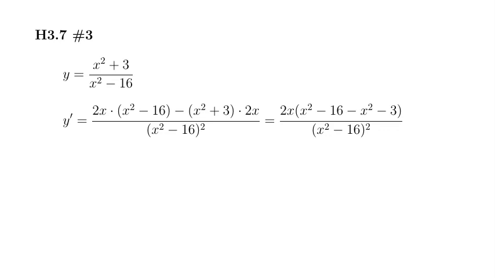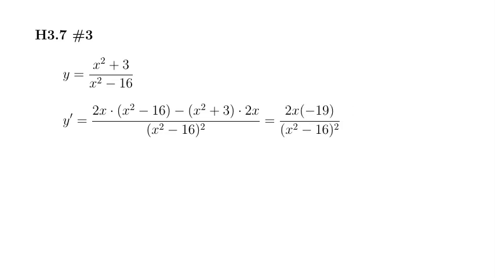Usually I would scratch it out, but since I'm doing it on a computer, I'm just going to erase it so it looks nice and clean. Also, we have negative 16 minus 3. We can combine them, so we're going to have negative 19.